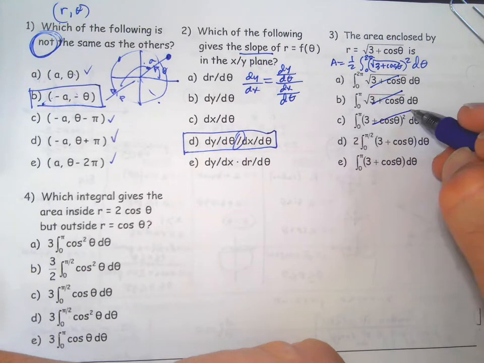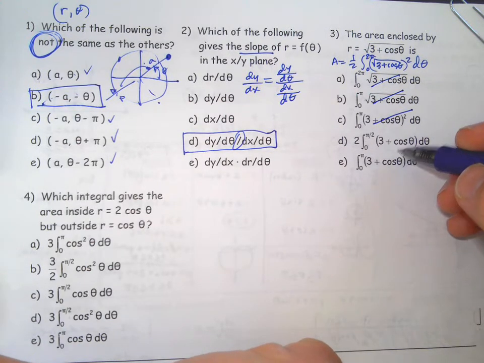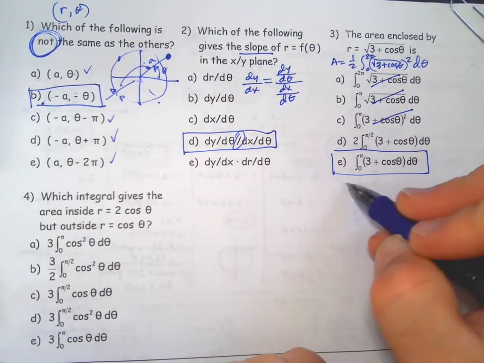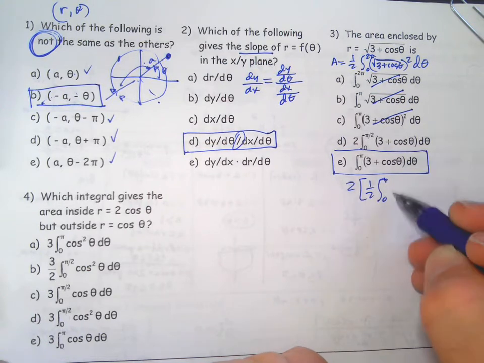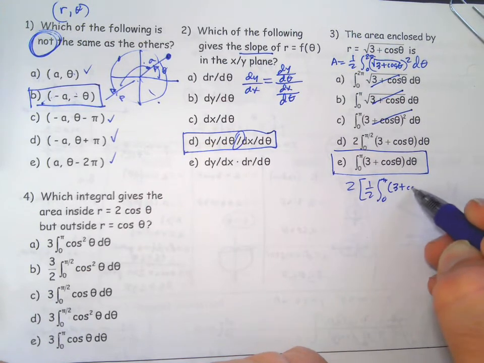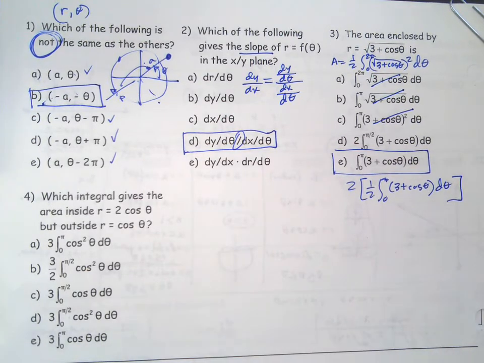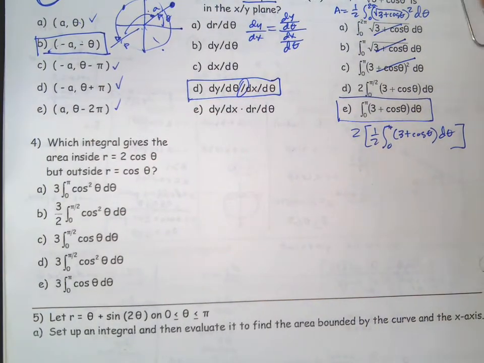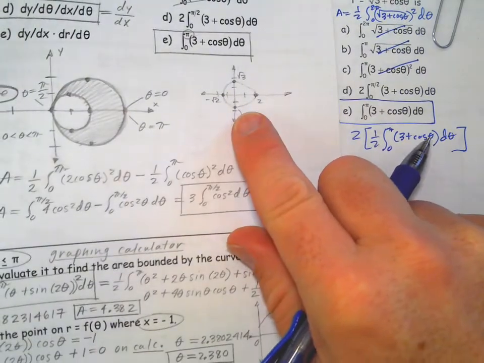This one's for sure out, so it's got to be one of these. So I'm thinking it's this one based off of using symmetry. 2 times 1/2, 0 to pi, the square root gets squared, right? That might be a stretch, or you could sketch the shape. I think I did sketch it, and I got something like that.